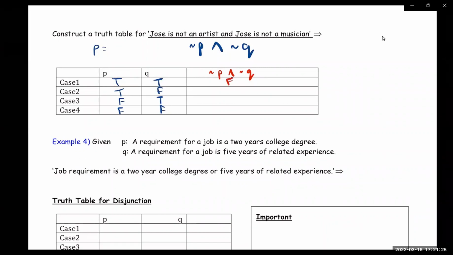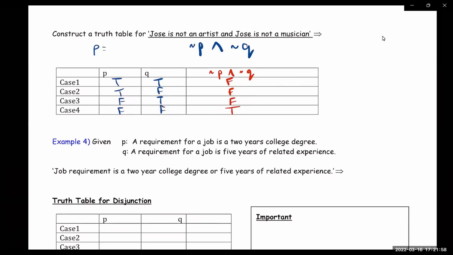And then if you negate P here and negate Q, you get false, true, and that is still false. The next one, you negate, negate: true, false, which is still false. And the last one, negate, negate: true. That one will be true, right?